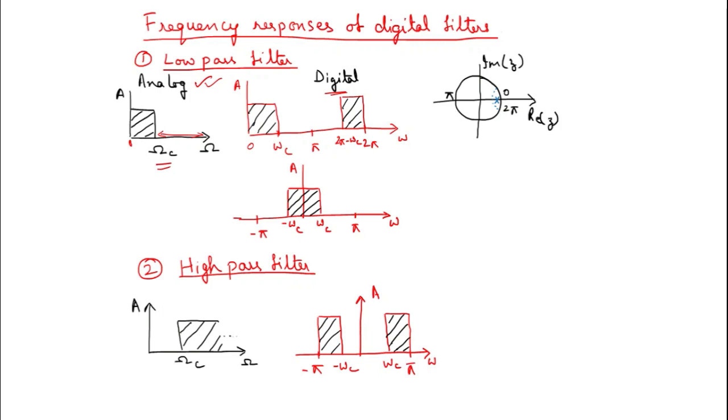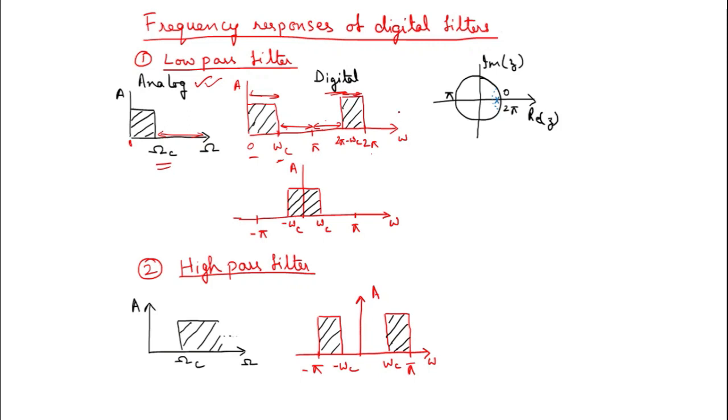Then 0 to omega c you will have the pass band, and omega c to pi it will be stop band, and then the frequency characteristics repeat itself in the pi to 2 pi region. Herein you see the mirror effect. So pi to 2 pi minus omega c it will be again stop band, and 2 pi minus omega c to 2 pi it will be a pass band.